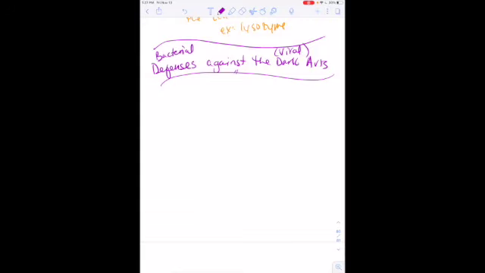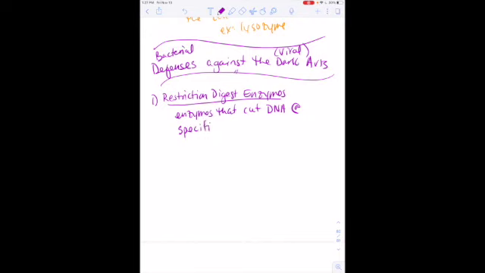So first up, bacterial cells make a class of enzymes that are called restriction digest enzymes. These are enzymes that will cut DNA at specific spots, at specific sequences of DNA.